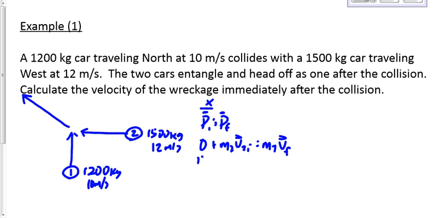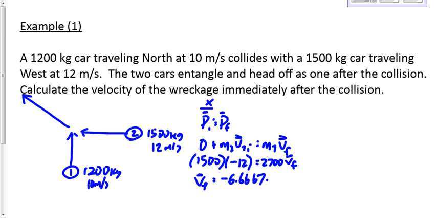So we say 1500 times negative 12, because it's to the left, equals 2700 times vf. And vf will equal, when we say 1500 times negative 12 divided by 2700, negative 6.6667 meters per second.